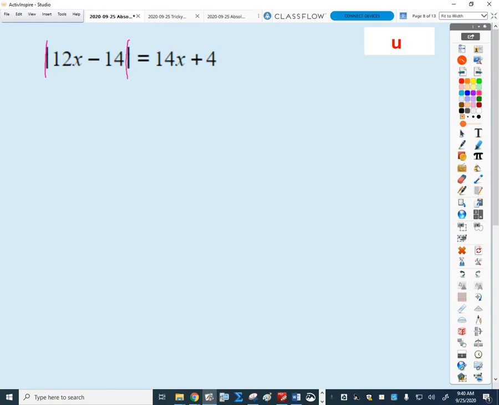Right? That's the job of the absolute values, to make it positive. So it could either start off as negative or start off as positive. It's always going to end up as positive. So we get two equations out of this.